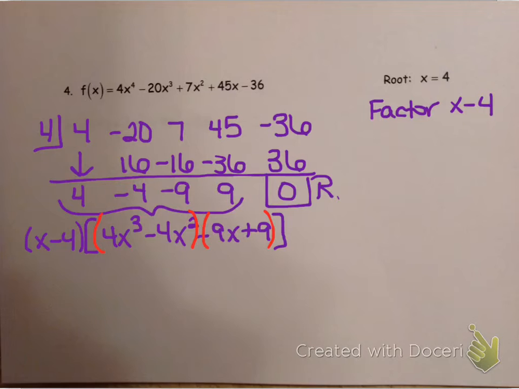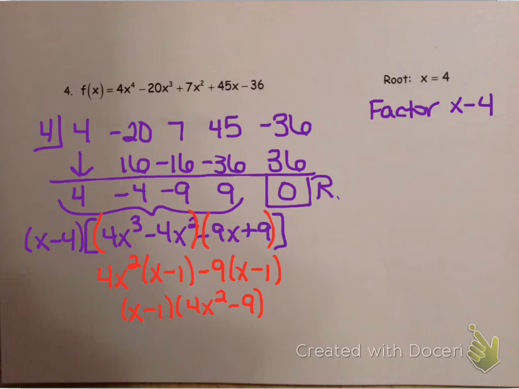The greatest common factor for the first two is 4x squared, and it leaves x minus 1. And then for the last two we have minus 9, which also leaves x minus 1. So I pull out the x minus 1, and it leaves 4x squared minus 9.